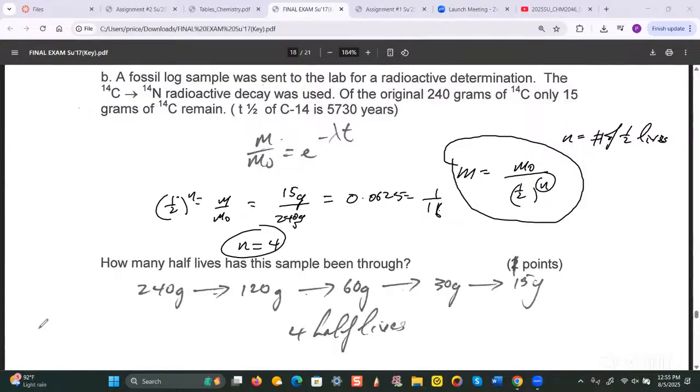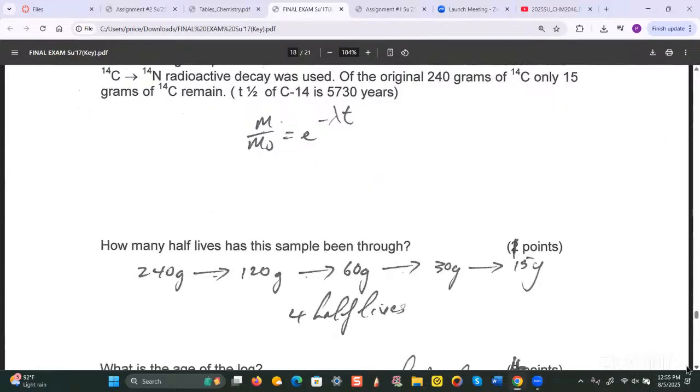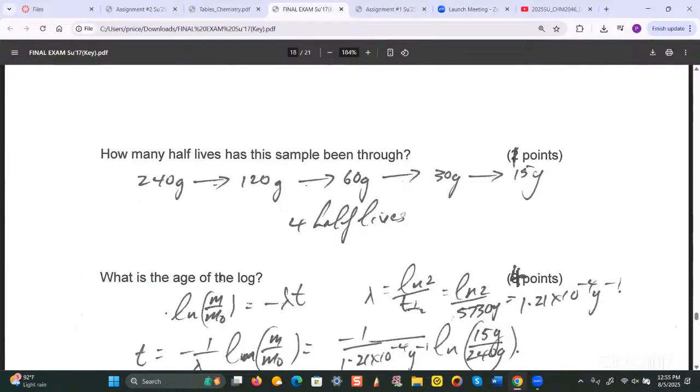Let me clear this and scroll down to see what's below. Okay, what's the age of the log, right? So basically, we'll be using this equation right here. We know what M is, we know what M0 is. We don't know what lambda is, but we know what the half-life is. So lambda will be equal to ln2 over the half-life, and that's equal to 1.21 times 10 to the minus 4.